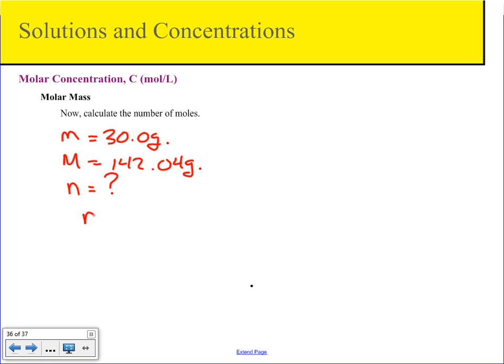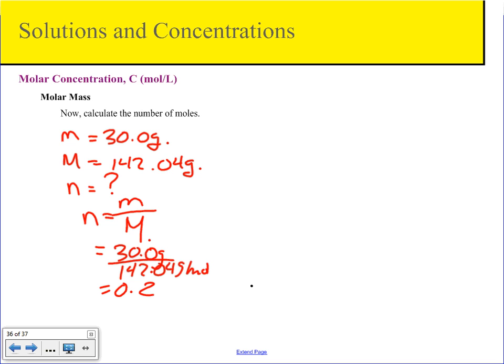The equation is n equals m over M. I'm now going to do that substitution of 30.0 grams divided by 142.04 grams per mole. And that gives me 0.211, and it just keeps going.